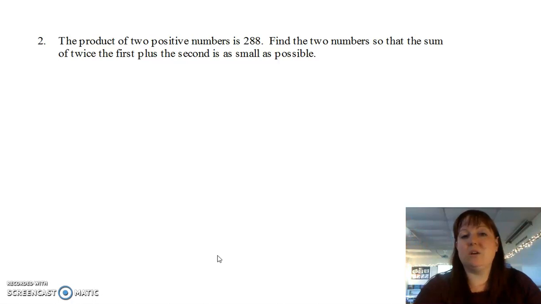You need to make a corral that's 288 square feet, and in this case we have twice the first plus the second, so that one wouldn't quite be a perimeter. But it's the same concept, right? If the area I need is 288, what are the smallest possible numbers I can use to make that fence, so I get a perimeter that would still give me an area of 288? So this is actually a real application for calculus.